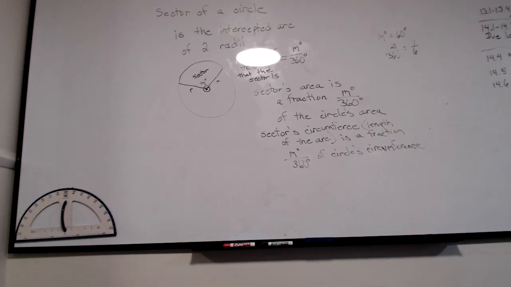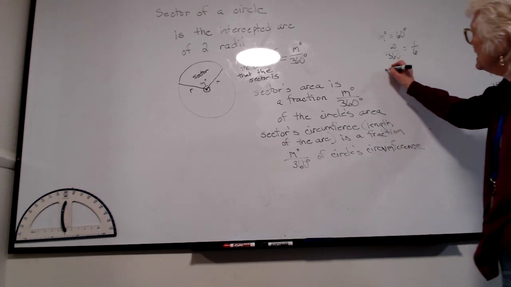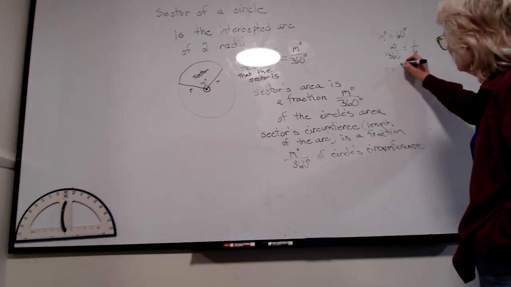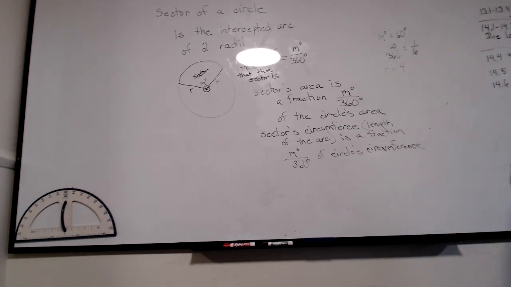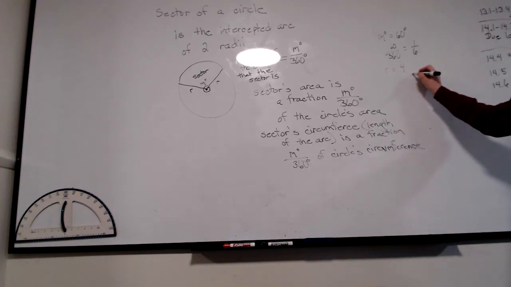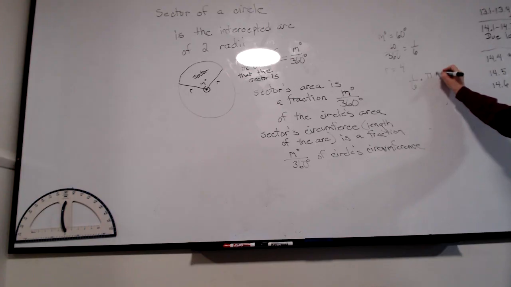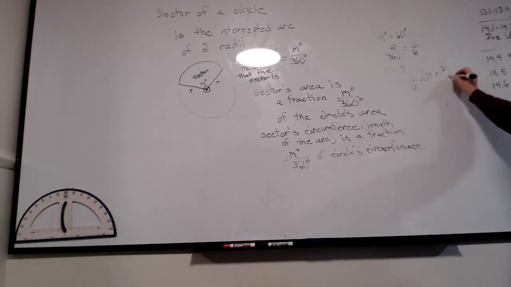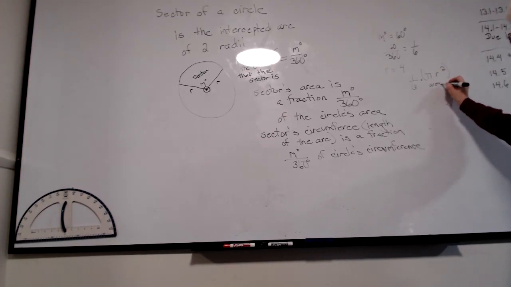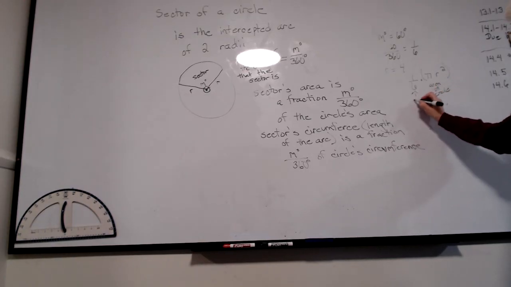If I gave you the radius equals 4, as long as I have the radius, I can find the area of that sector, because it will be 1/6 times pi r squared, because this is the area of the circle, and this is your portion.